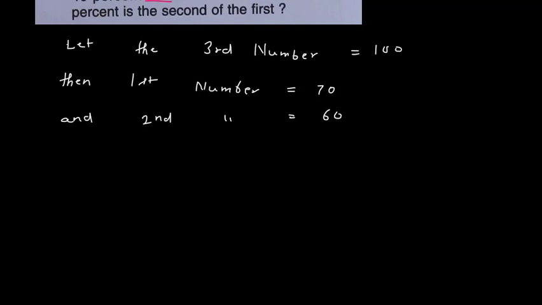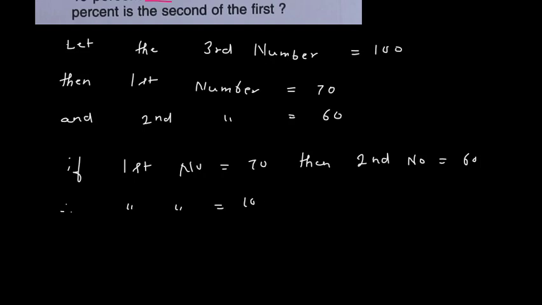So if the first number is 70, then the second number is 60. Therefore, if the first number is 100, then your second number is 60 divided by 70 into 100.